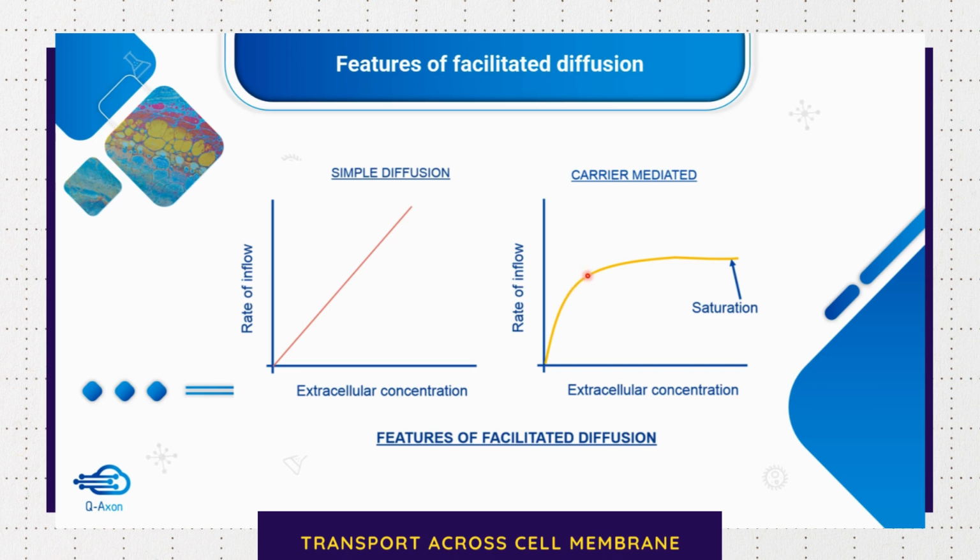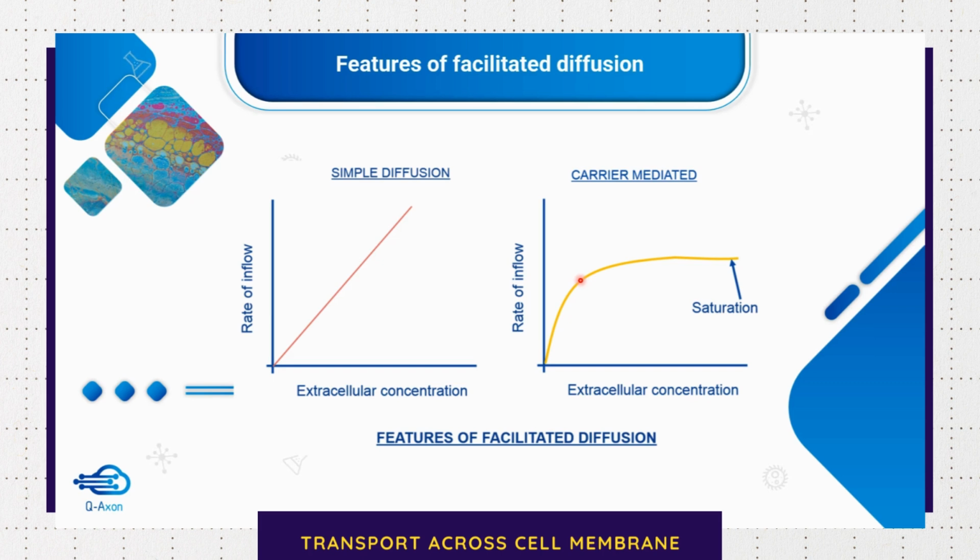But after some time, this graph is a plateau. That means, despite increase in extracellular concentration, the rate of inflow is not increasing, right? So, for some time this is linear and then it becomes a plateau. That is the saturation which has been reached. That means the rate of transport has reached a saturation maximum limit. So, this is known as saturation kinetics.